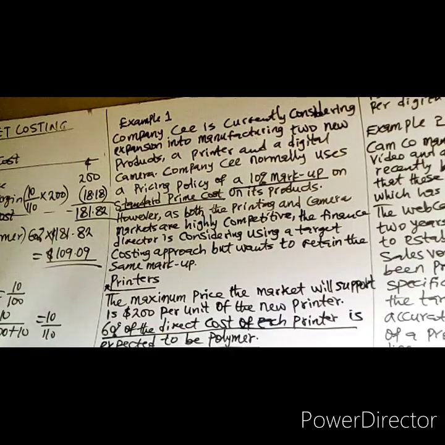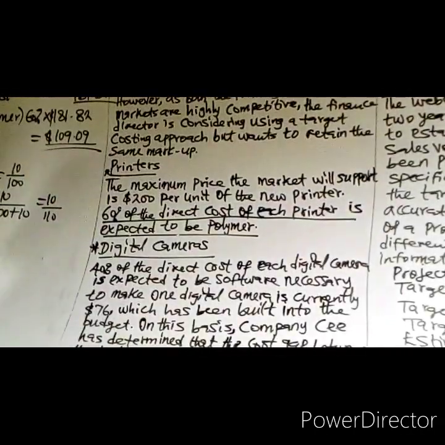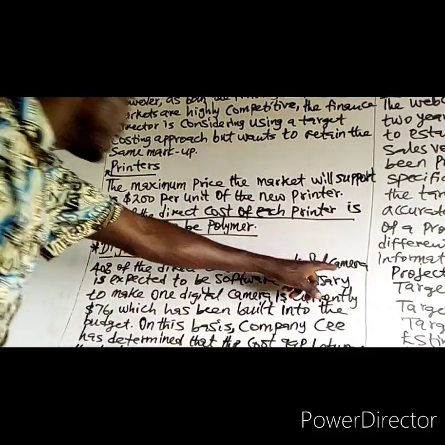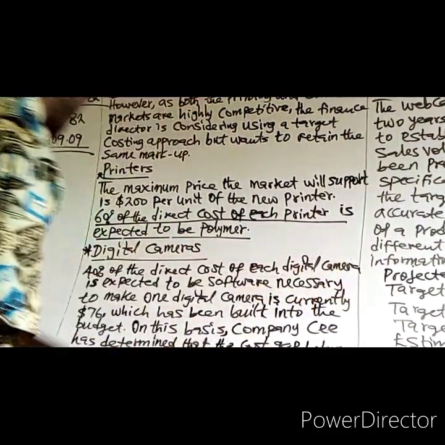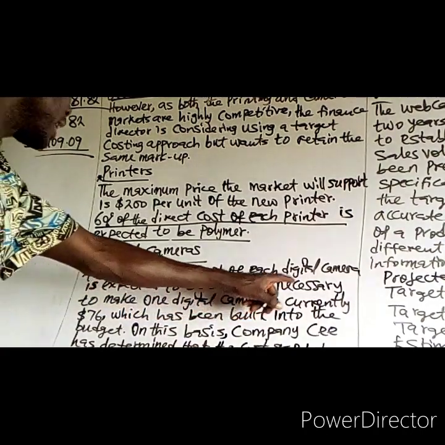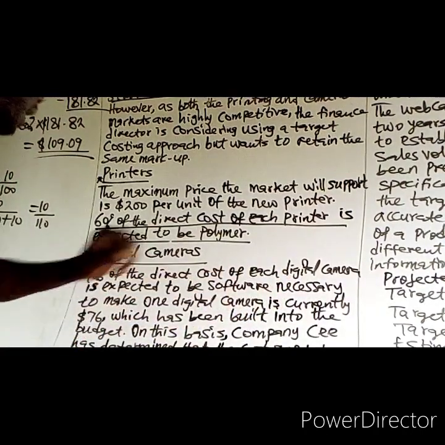Now let's go back to the digital camera. 40% of direct cost of each digital camera is expected to be software necessary to make one digital camera.